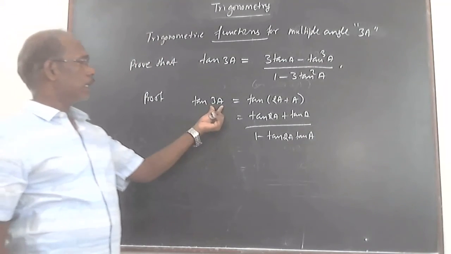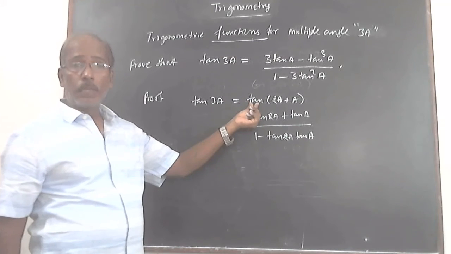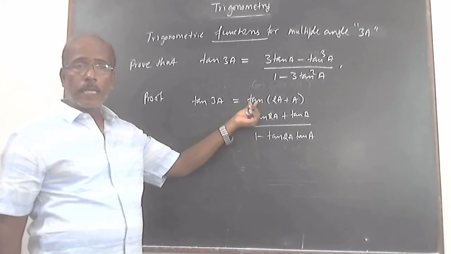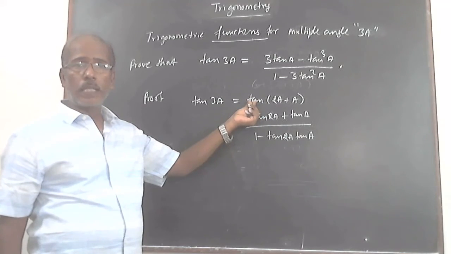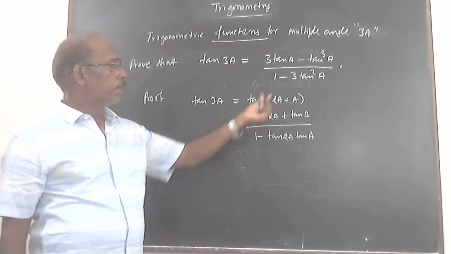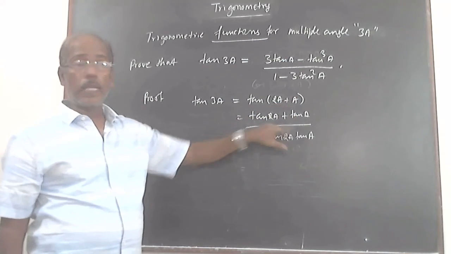Yes, 3A is 2A plus A, and using the compound angle formula tan of A plus B, expansion: tan A plus tan B in the numerator, the denominator 1 minus tan A into tan B. In the place of the first angle I have taken 2A, in the place of the second angle, A.